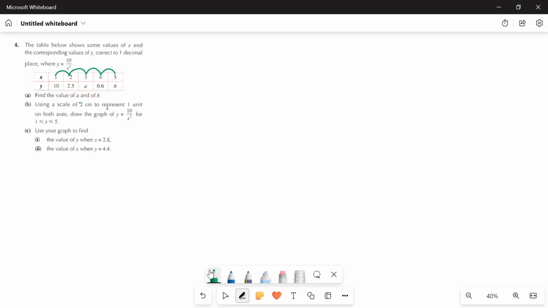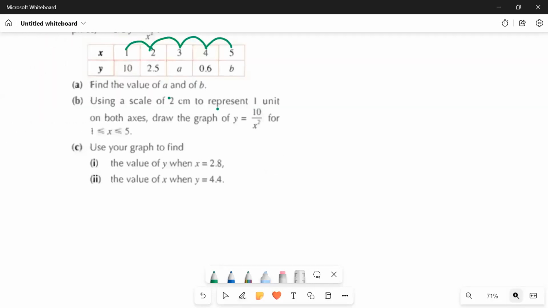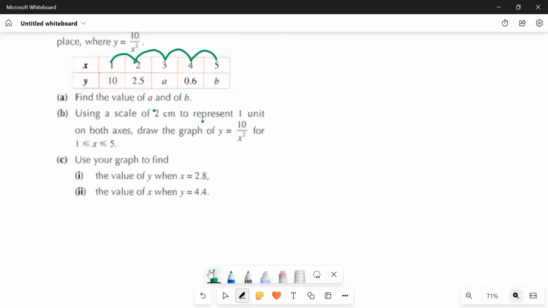So the first value is 10, second is 2.5, the third value a is 1.1. Yes, a is 1.1. We also have to correct to one decimal place, and also b is 0.6 and the last one is 0.4.